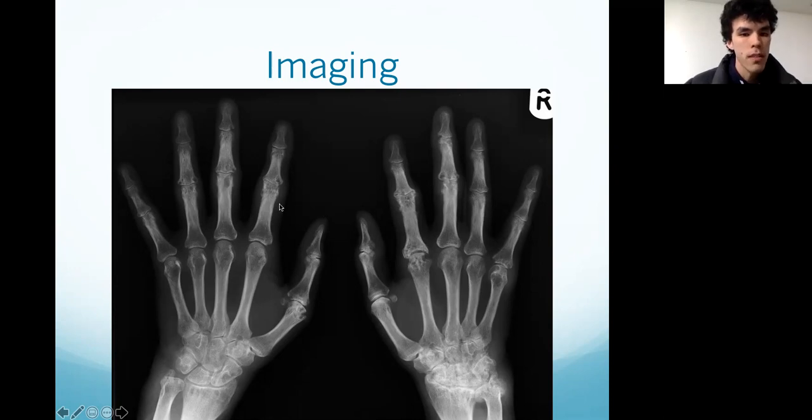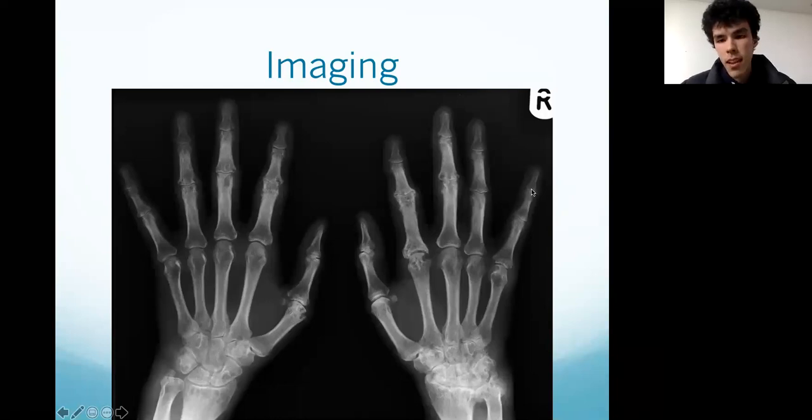Then soft tissue swelling. You can see that the soft tissue around the joints looks to be a bit lighter than you would normally see on a hand x-ray. And then the E is the erosions, which we've mentioned already. You can also see that largely the distal joints look to be relatively spared. If you compare the joint spaces, they're quite significantly better distally than proximally.